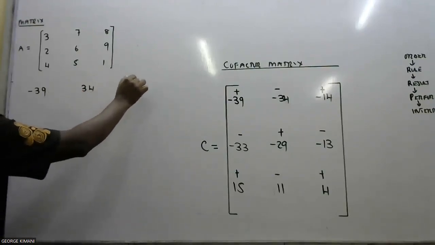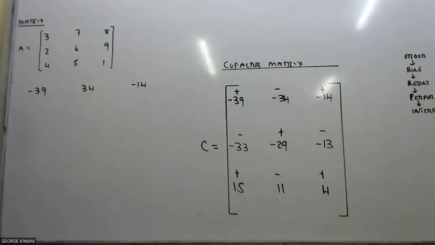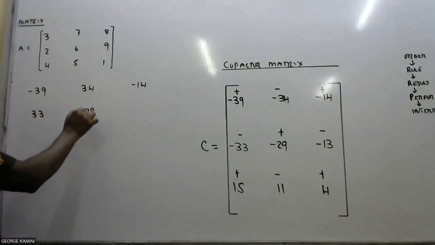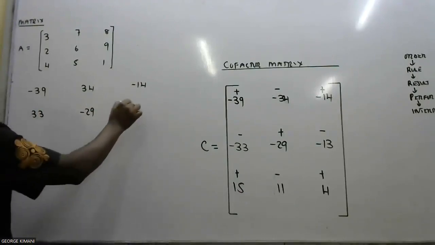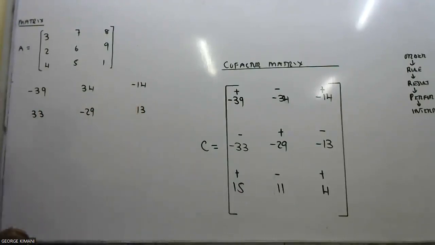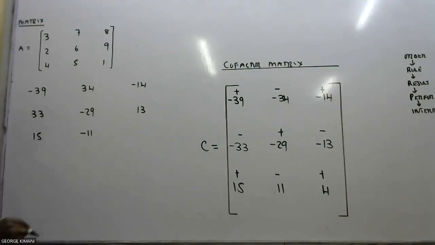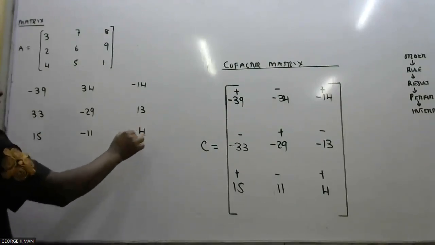This one remains minus 14. This becomes 33. This becomes minus 29. This becomes 13. This becomes 15. This becomes minus 11. And this becomes what? 4.